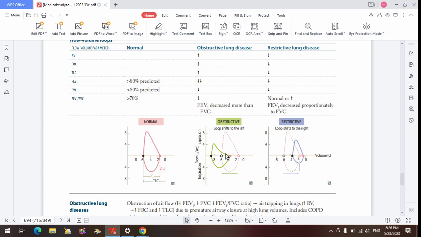You notice that in both restrictive and obstructive, the height reduces. Because there's an obstruction in this obstructive lung disease, the resistance is what makes it not flow at the normal flow rate that it should. Then you can see that there's more like a slope.